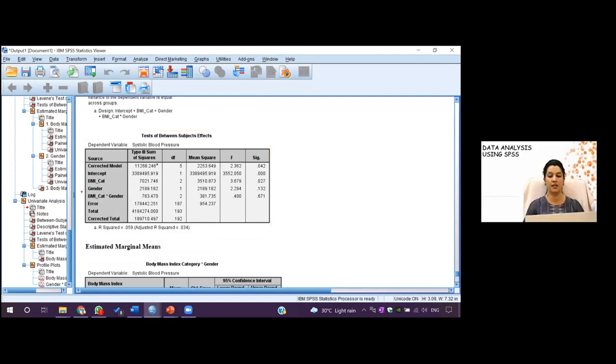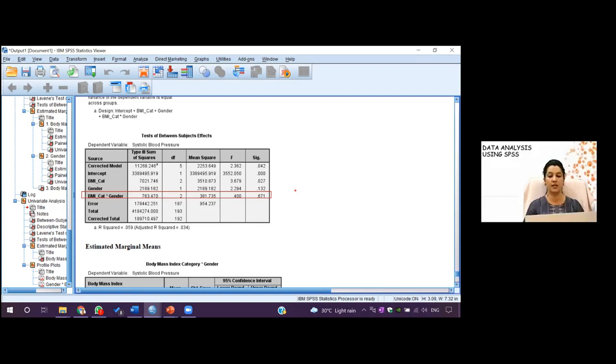If you focus on this significance, it is 0.671. So if you see the p-value of this interaction term, this gives you the interaction of BMI category and gender, and this is not significant. So if this is not significant, what will I do?